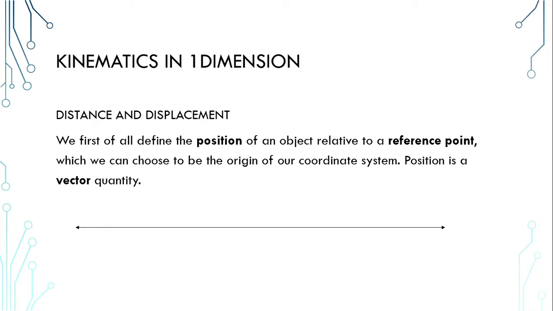For instance, if I label the origin to be the center of my real number line, and the object is initially at this position here, let's label it x initial, then the position vector that describes the position of the object relative to the origin will be a vector that goes from the origin to that point there, and it will be labeled x initial with an arrow on top.